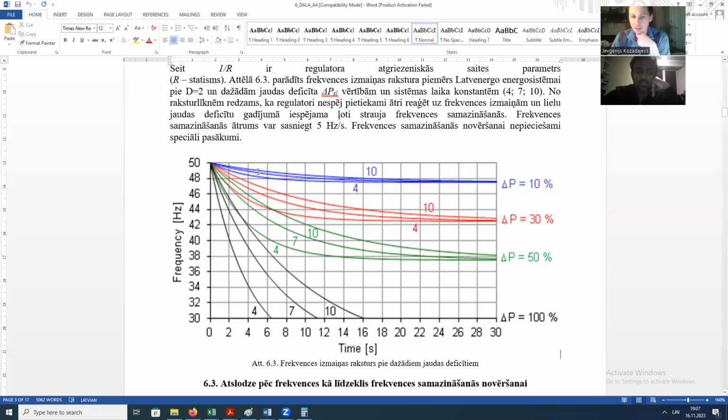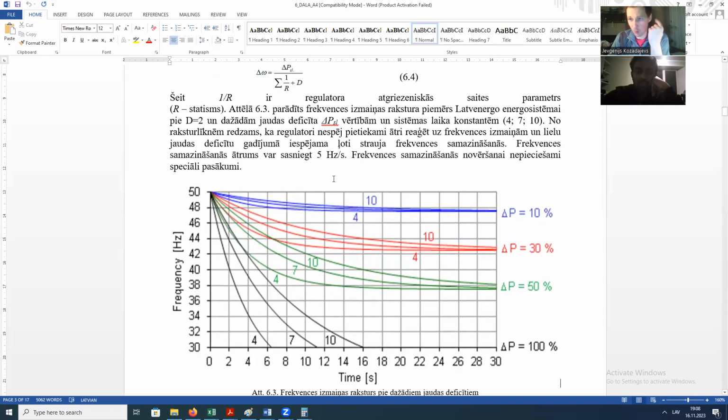That's why here we could see a lot of blue curves, red, green, and so on, because it depends on the system inertia and one more parameter, the D parameter, which is called the load reaction. We just saw when we talked about the static coefficient, the reaction of the generator. The same reaction to the frequency deviation comes from the load side.